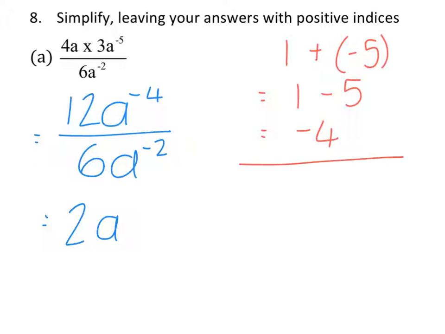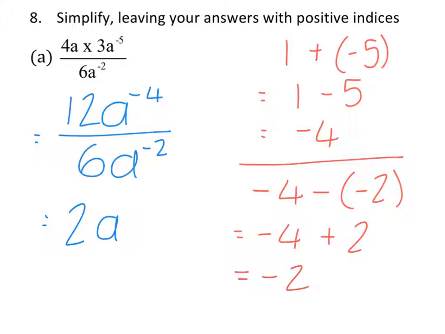So once again, I'll put this over at the side to make it very clear. We have negative 4 and we're subtracting negative 2. So when we subtract a negative, it means that it becomes a positive. So that's negative 4 add 2, which is negative 2. So the index on the a is negative 2.